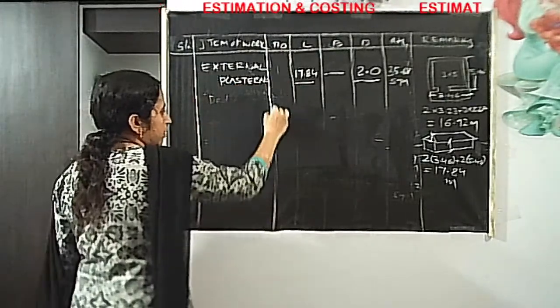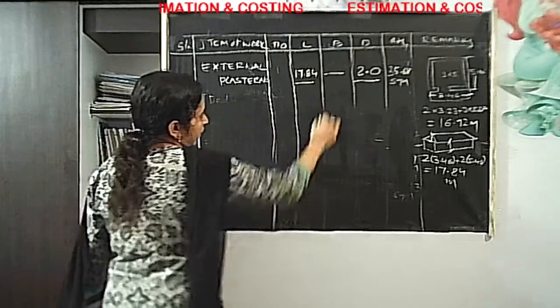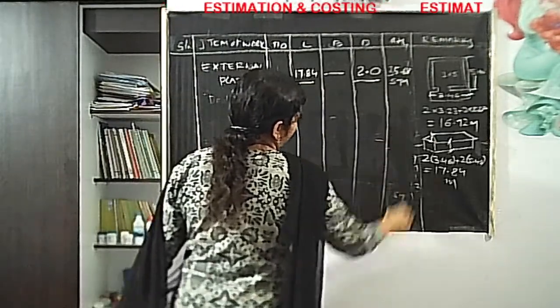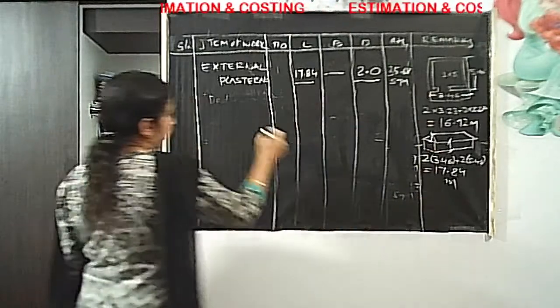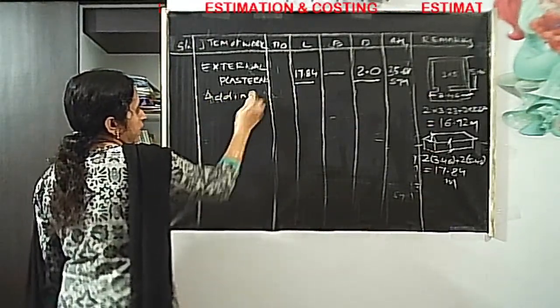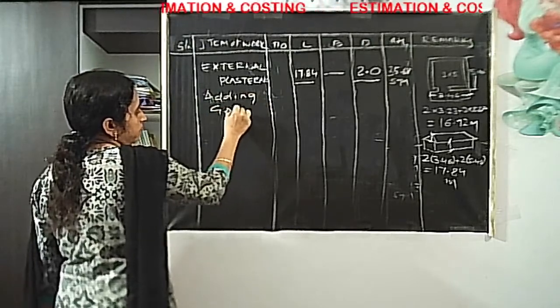You should remember that after you calculate the external plastering, you are supposed to add the gable wall, which I did not do.